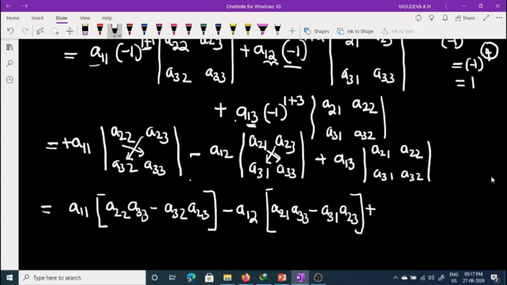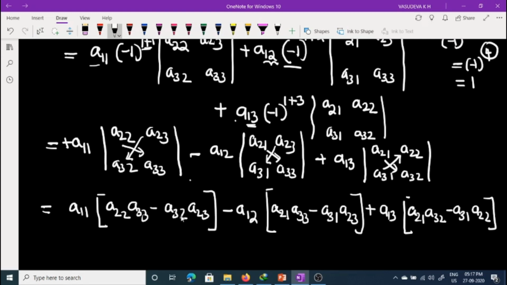Plus A13 into determinant of A21, A22, A31, A32, that is A21, A32 minus A31, A22.